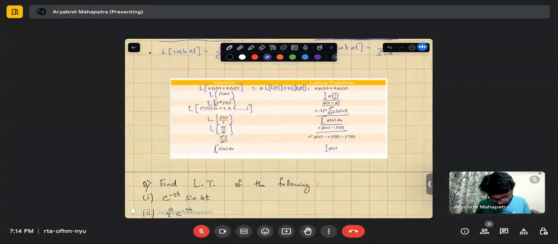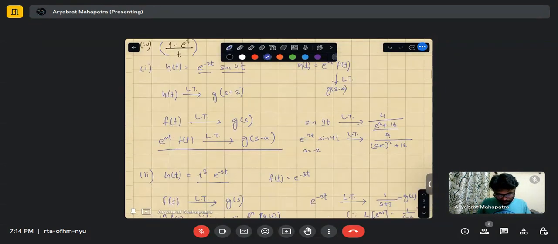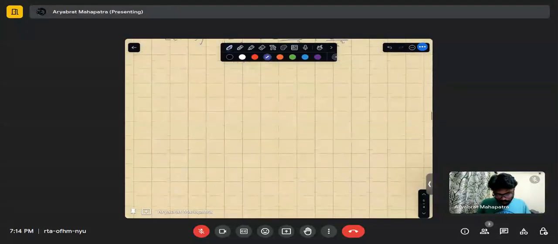So here you can see, when we were doing the Laplace transform of t to the power n times f of t, we were getting something of a derivative. So using this property, we can get that. Since we are now doing an inverse Laplace, you do the inverse Laplace, L inverse, on both sides.